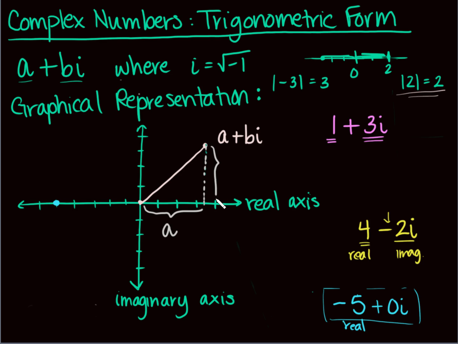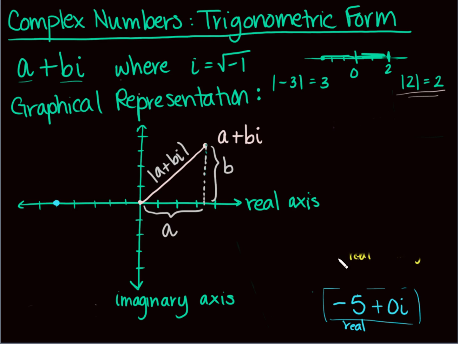This distance right here must be b, because that's the imaginary part. So how do I find the absolute value? I want the distance of the hypotenuse right here. And we know how to do that. Our good buddy Pythagoras, or his brotherhood, has been giving us a lot of use of the Pythagorean theorem.